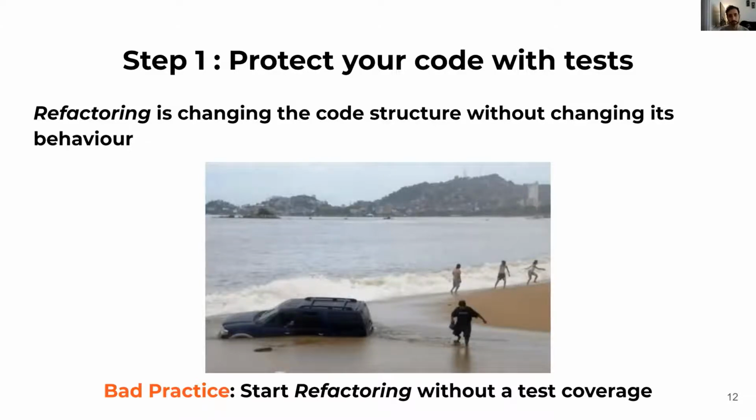But the problem in our case is that we don't have any tests. So what do we mean by refactoring? Refactoring is just changing the structure of the code without changing its behavior. So if we change the structure of the code, its behavior should not change. That's what we mean by refactoring.